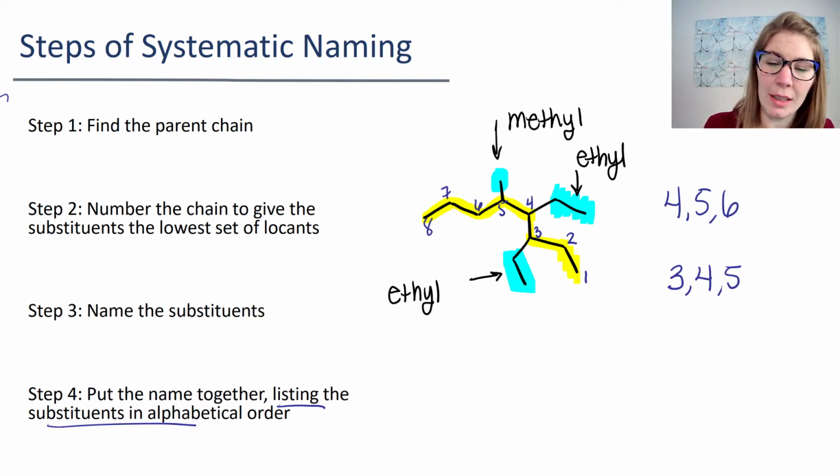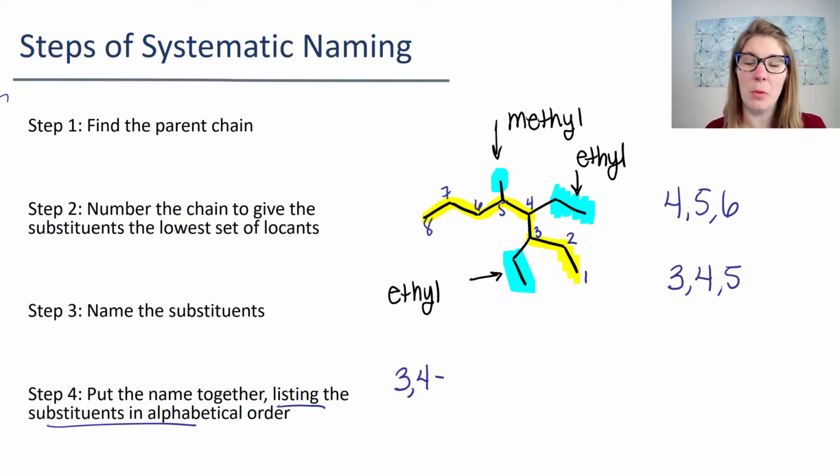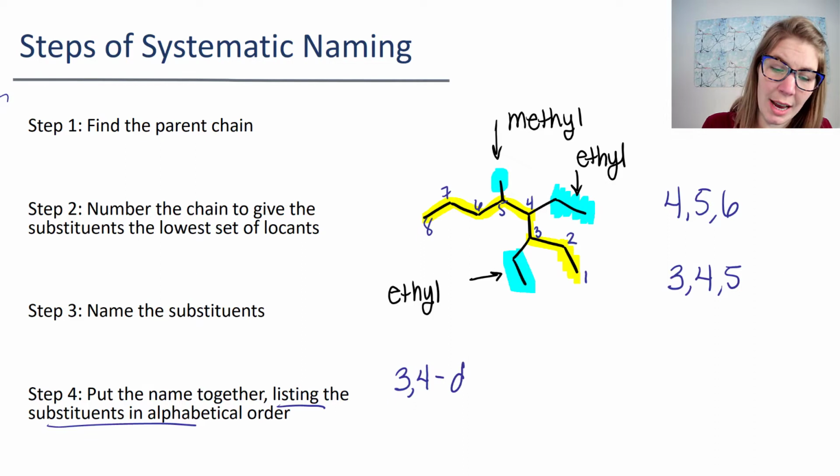So the way that we're going to write this is 3,4. And then we need to tell the reader that there's 2 ethyls. So we'll revert back to our general chemistry prefixes of mono, di, tri, and tetra. So at the 3rd position and the 4th position, we have a total of 2 ethyls, so diethyl.